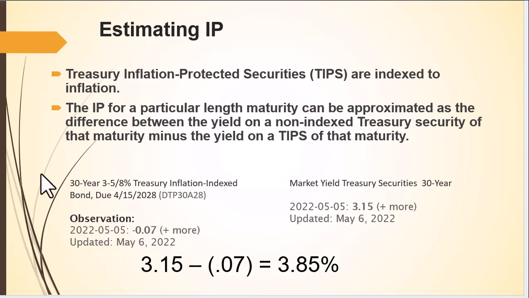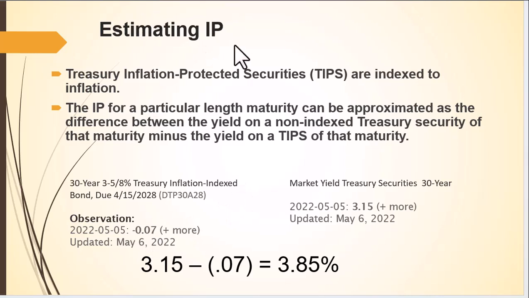In this case, a 30-year Treasury security is 3.15%. Now we need to look at the inflation-adjusted return on the TIPS. If you look at this data, that return is actually negative 0.07.